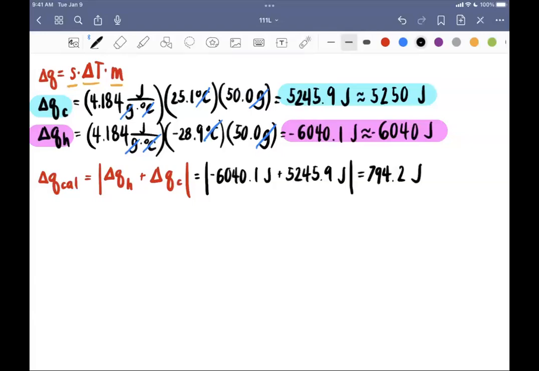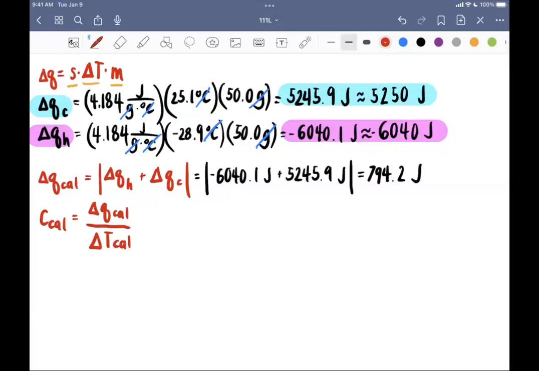And so now to get to the heat capacity, or capital C, of that calorimeter, the math that's going to be involved is taking this change of heat of the calorimeter and dividing that by the change in temperature of the calorimeter. Now you'll recall that in terms of the experiment, you initially had cold water in the calorimeter that you added hot water to.